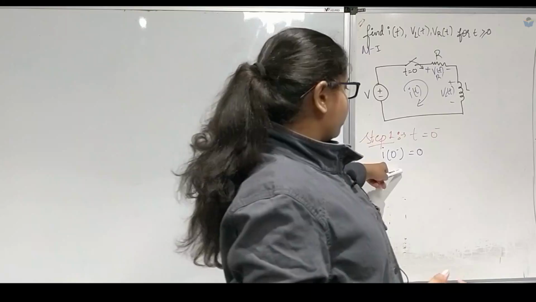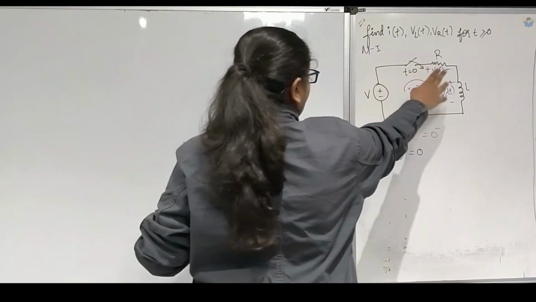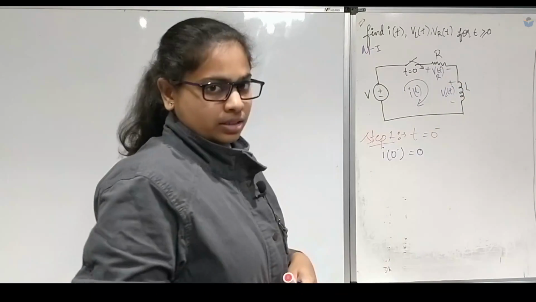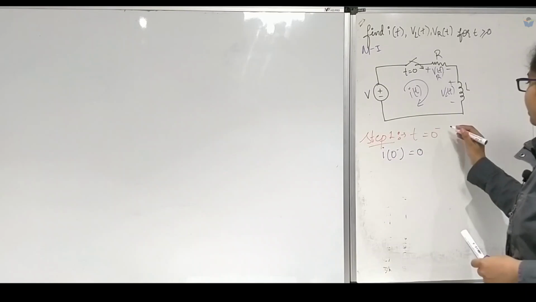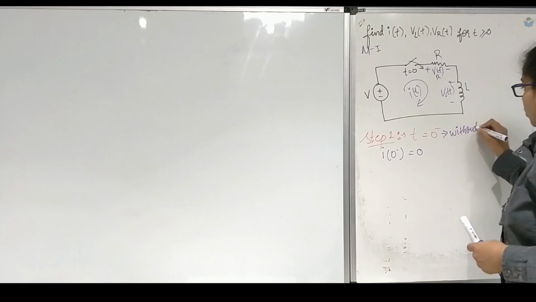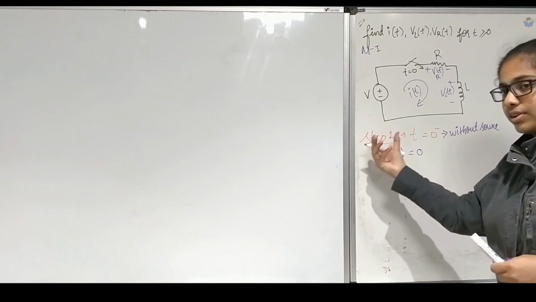Now when I of 0 minus is equal to 0, it means that it is open, right? So when it is open, it means that there is no source in the circuit. So whatever we write in this step 1 will be without source. This will always be our first step.